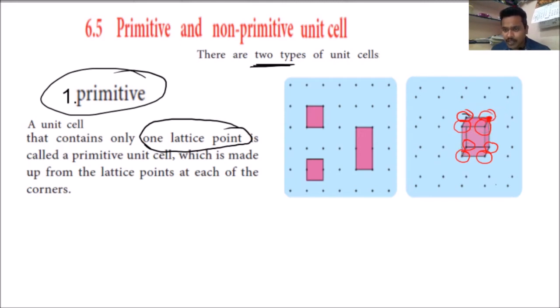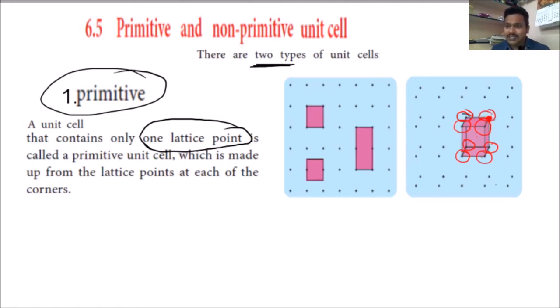Like that, how many? 1, 2, 3, 4, 5, 6, 7, 8. 8 corners, 8 atoms are there. Each atom does not completely belong to this cube. That atom is also present in the remaining 7 other cubes.